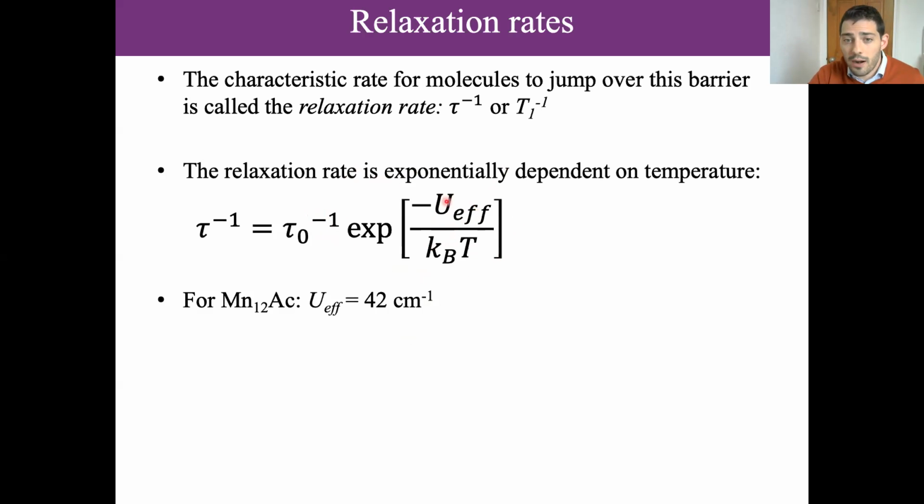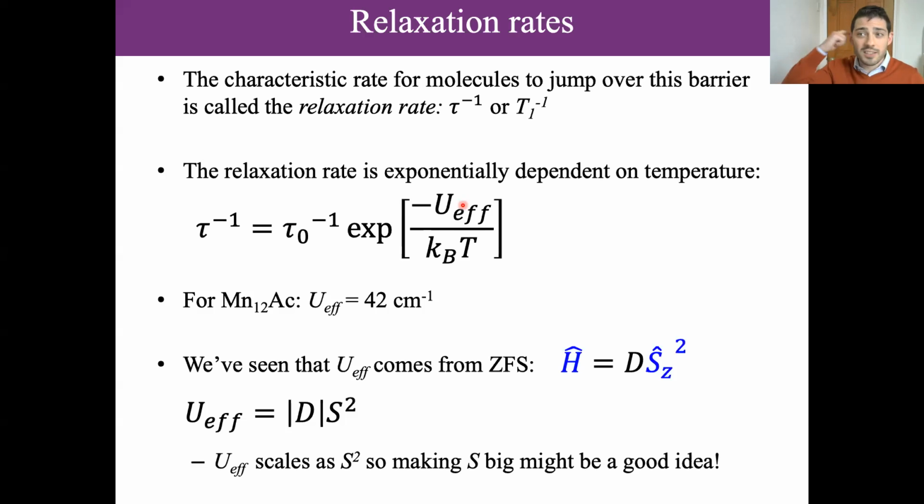So you have an energy barrier here and then the temperature there, where this prefactor is set essentially by the spin lattice interaction or the spin phonon coupling, and roughly tells you about the attempt frequency. Or you can think about that as like the spin phonon collision rate in the lattice. It's one of those more ambiguous concepts, but we'll get onto it a little bit later, I hope. So for reference, manganese 12 has an effective barrier of about 42 wave numbers.